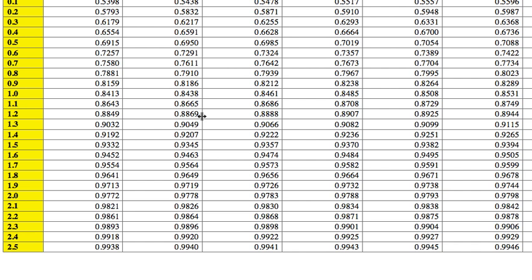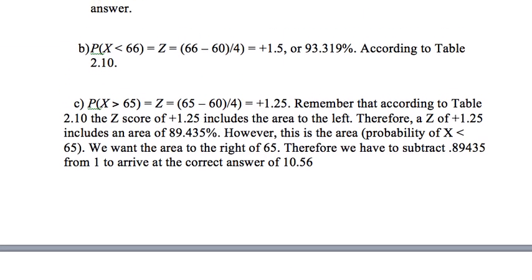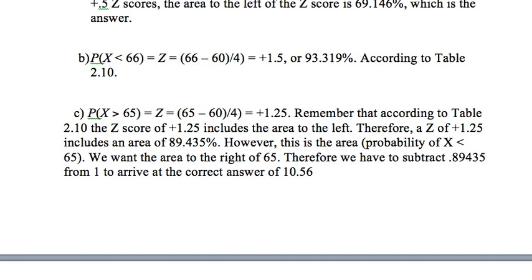And once again, I just emphasize this table on page 44. Finally, C, we'll look at another perspective. Here we're saying, okay, what's the probability of coming up with a random variable X that is greater than 65?